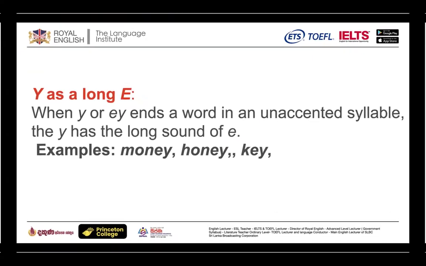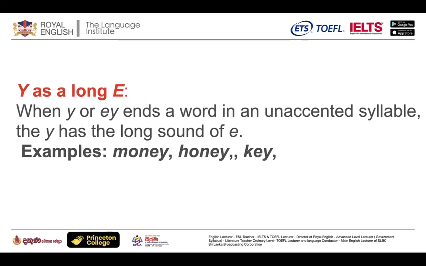Y as a long E. When Y or EY ends a word in an unaccented syllable, the Y has the long sound of E, like money, honey, key, likewise. Unaccented: money, honey, key, right?